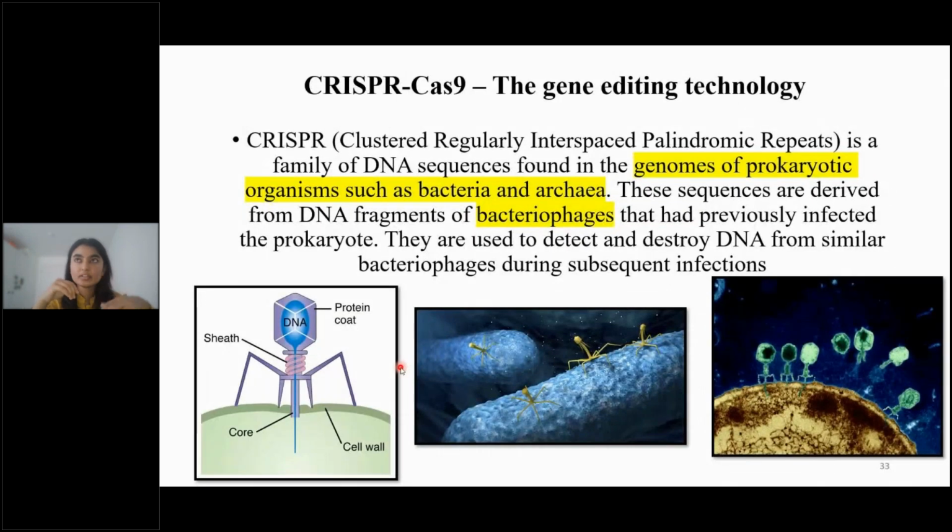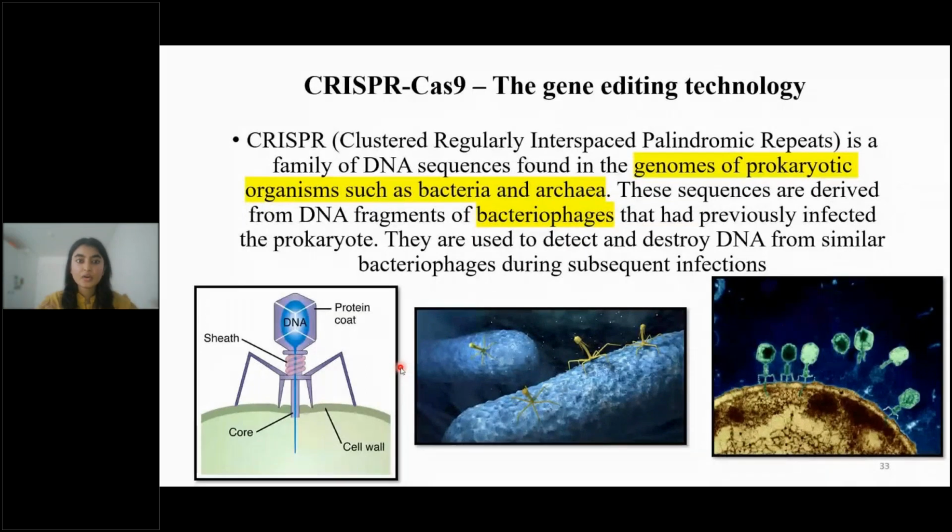Now imagine, after a month for example, the bacteria is invaded by some other virus like that. Again it chops off the DNA and inserts a certain part of the viral DNA into the bacterial genome, and now it has formed what we call the clustered regularly interspaced palindromic repeats.